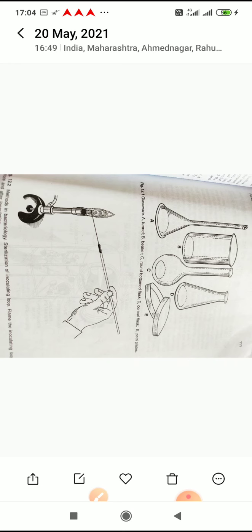But sometimes for identification of plant disease, it becomes essential to use a hand lens. By using a hand lens, one can observe the ectophytic mycelia or mycelia present on the surface of the plant body.